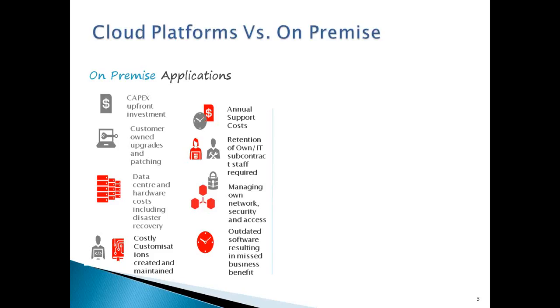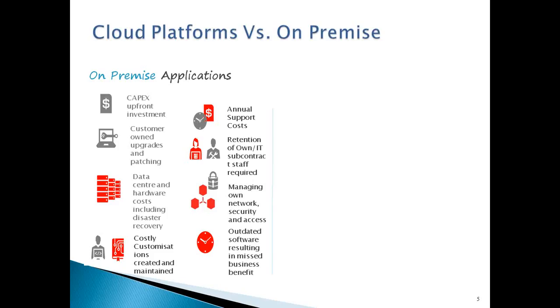Okay, and because of that, the result will be missed business benefit, because release after release or version after version, the providers release because they want to bring in the best business fit as per the market requirements. Some missing functionalities will always be there, which they will try to include in the new releases and new versions.